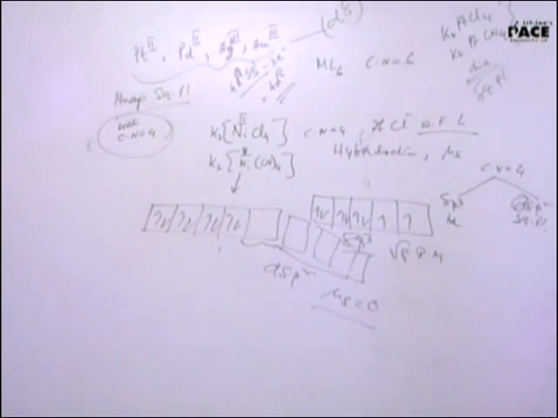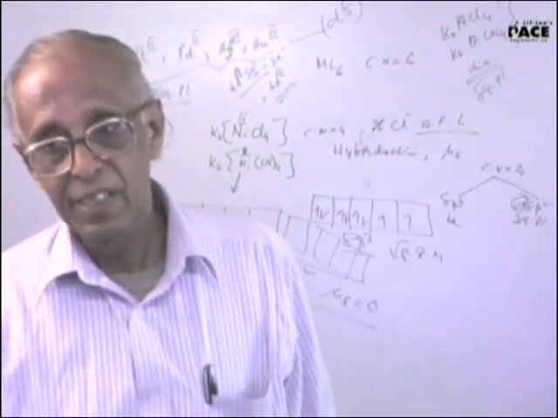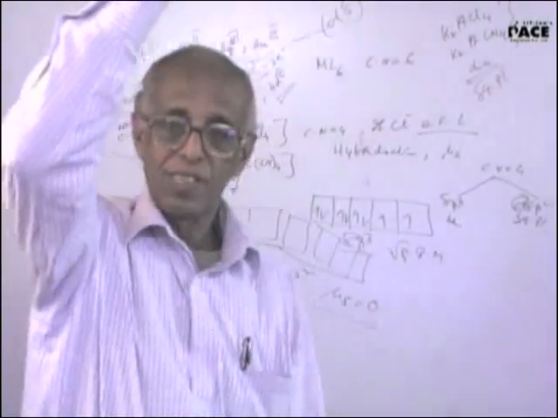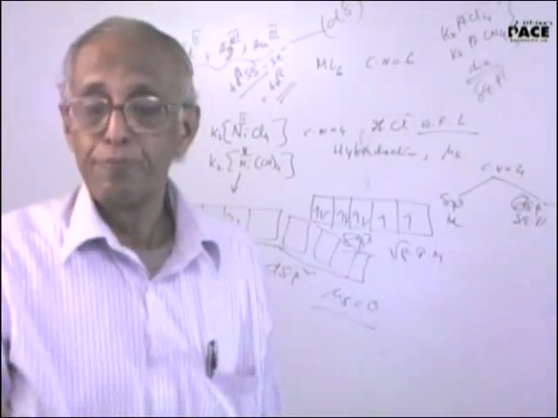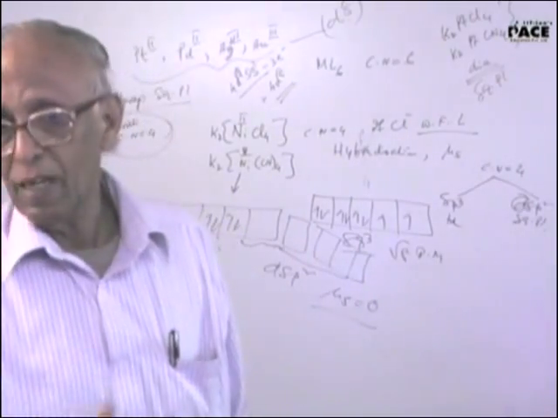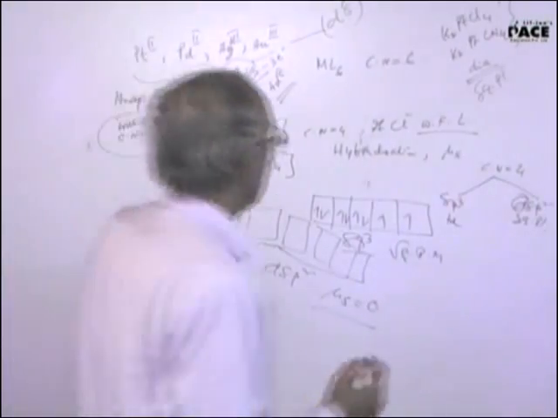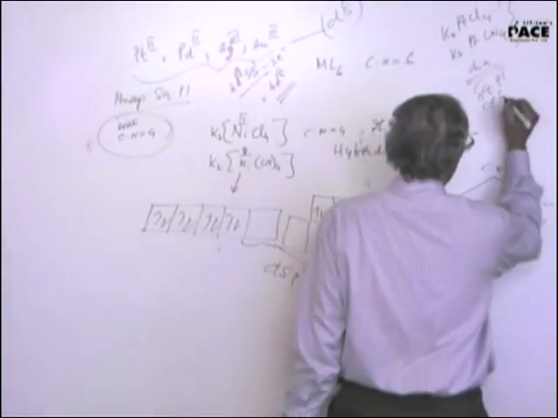As we go from the first transition series to the second or third, the d-orbital separation increases. The ligand behaves as a strong field ligand, so the pairing of electrons takes place. As a result, dsp2 hybridization is possible.